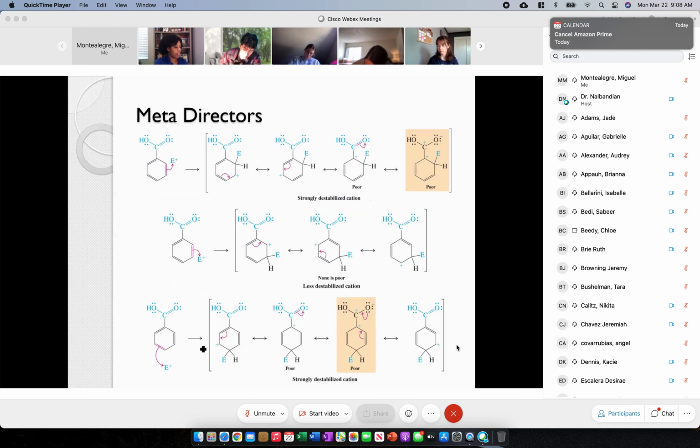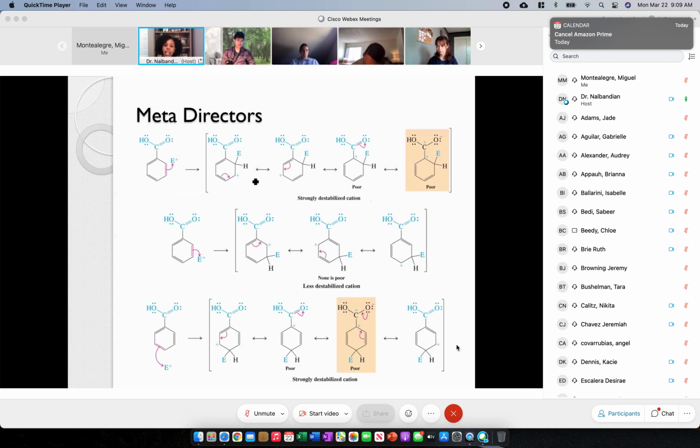So let's look at why this is true. So for this would be any time where we have that polarized double or triple bond. Anytime we have that polarized double or triple bond, we're just applying it here to this carboxylic acid group, but we saw a whole list of other things that would fall into the same category, where if we add in our electrophile, we can add it to the ortho, meta, and para position. What happens?